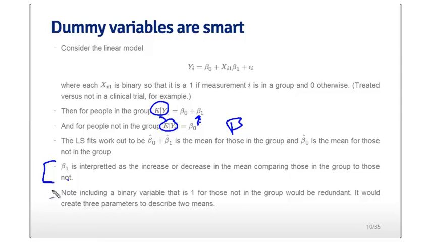Note, by the way, just by the rule that we had on the previous slide, let me say this.